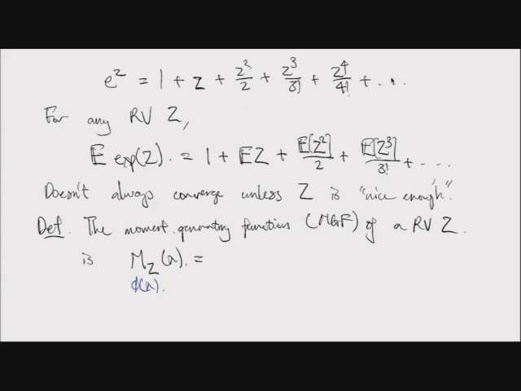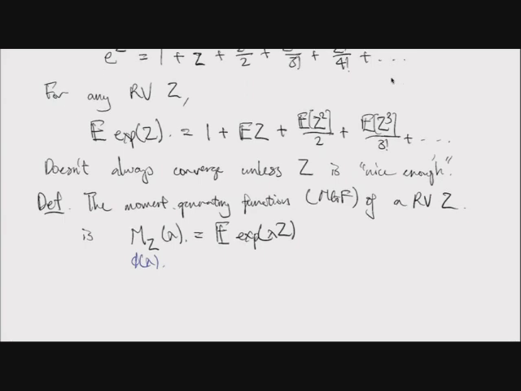All right, so let's just define what this is. This is going to be the expectation of exponential lambda times z. The only difference between this and the expansion we had before is that now I multiply our random variable z with some scalar lambda. And now this is going to be a function of lambda.